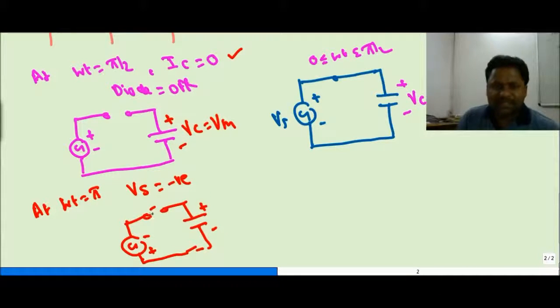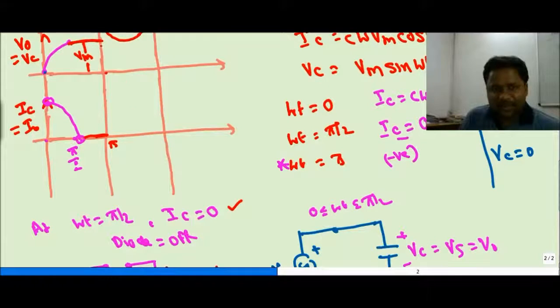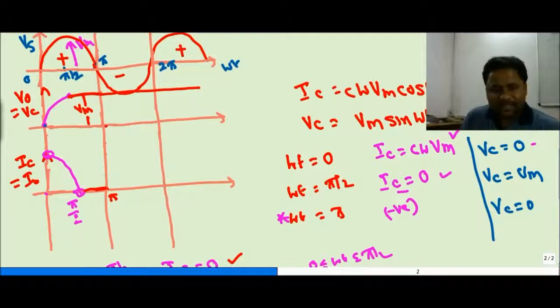If it were short circuited, then this capacitance would try to release its energy, but the diode became off at omega t equals pi by 2 only. So the capacitance voltage always has a peak value like this. From this to this it has a peak value, and the capacitor current is zero.